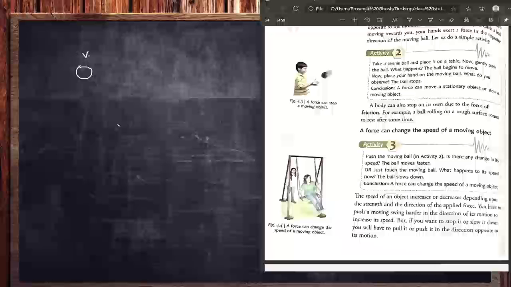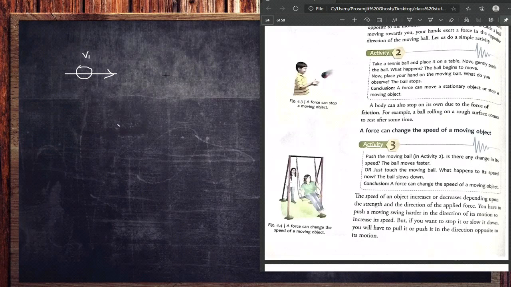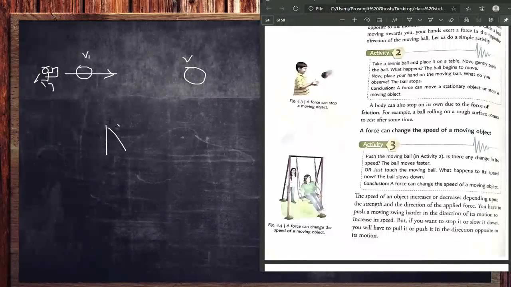Suppose a body is moving with speed v1. Now, if you push it more, what will happen? The speed will increase.